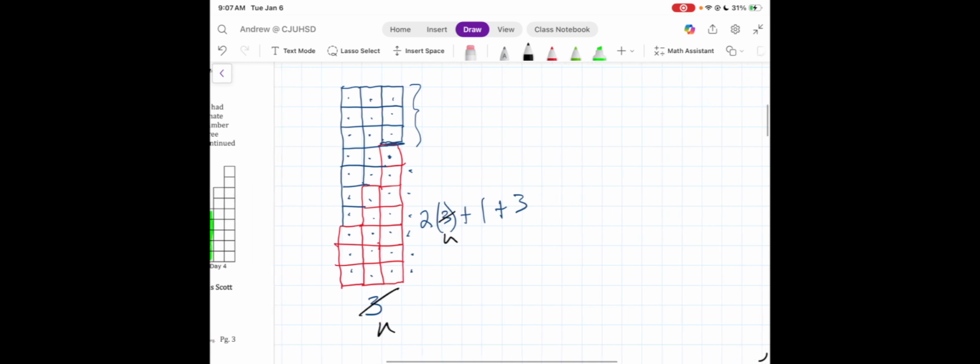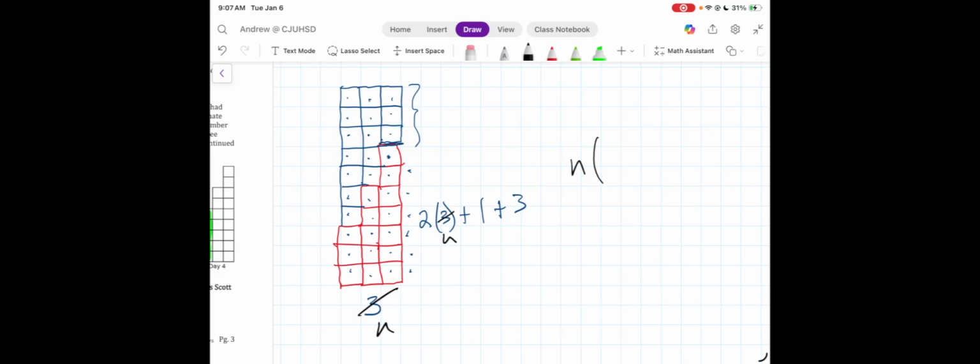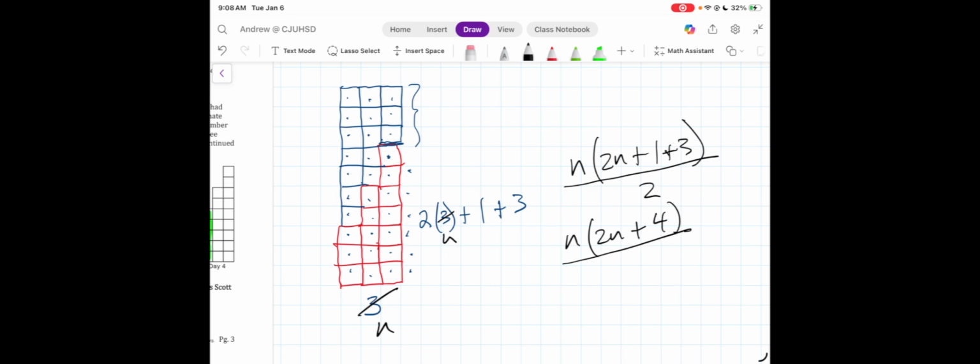And if we multiply together, n times 2n plus 1 plus 3, that product, that multiplication, is twice as big as it should be. So we're going to cut it in half. All right, now simplify. N times 2n plus 4 and divided by 2.